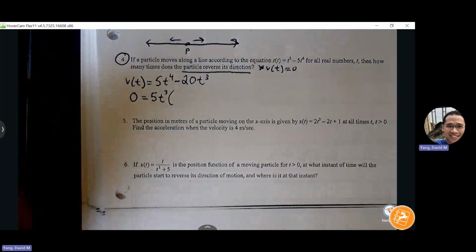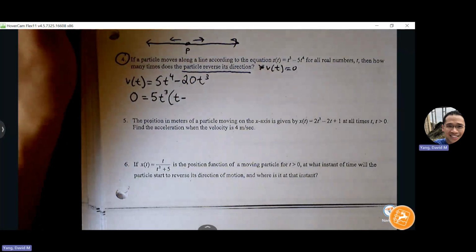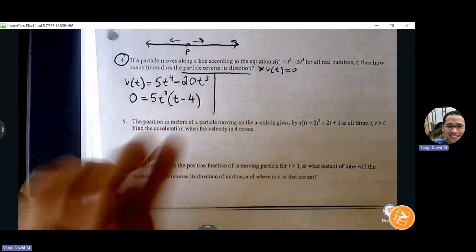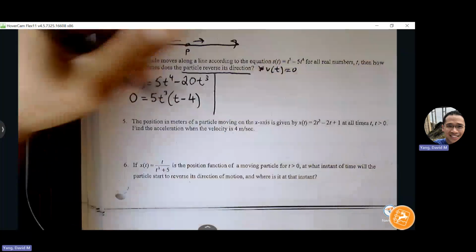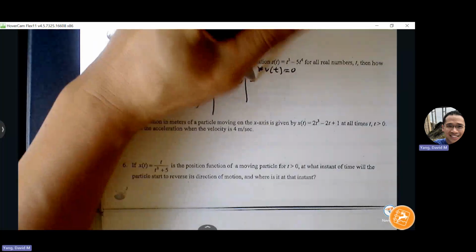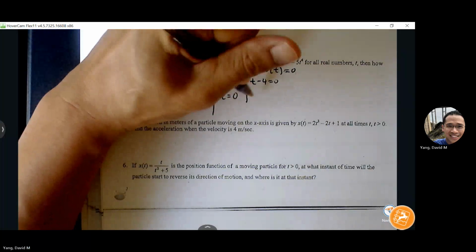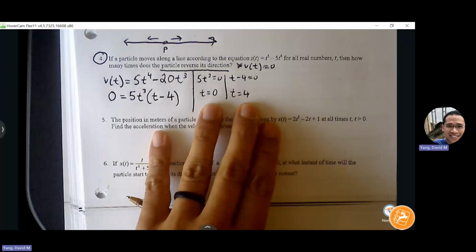And I'm left with what? t minus 4. Good. I'm going to set both equal to 0 because I have two places where I can solve for t. So 5t cubed equals 0. What do I get? 0. I get t minus 4 equal to 0. I get 4. So there's two places where this object could change direction, at 0 and 4.